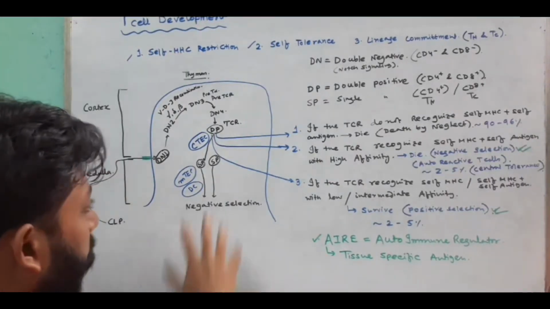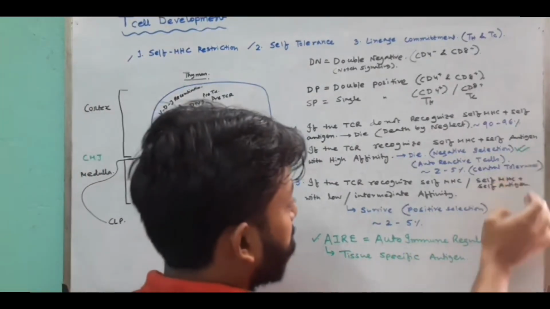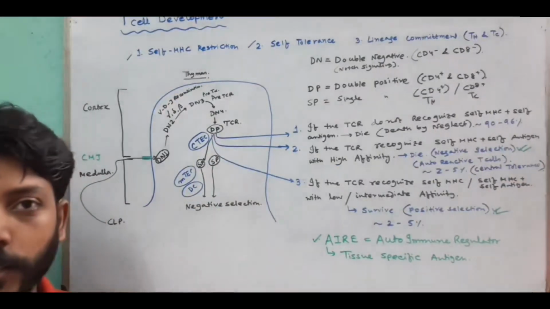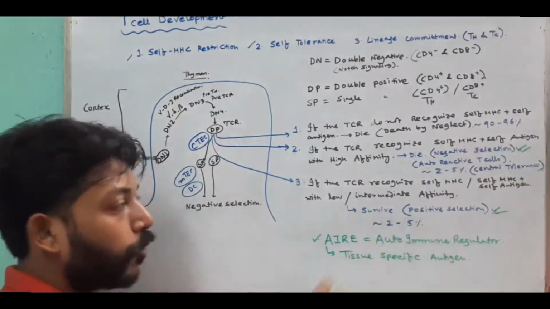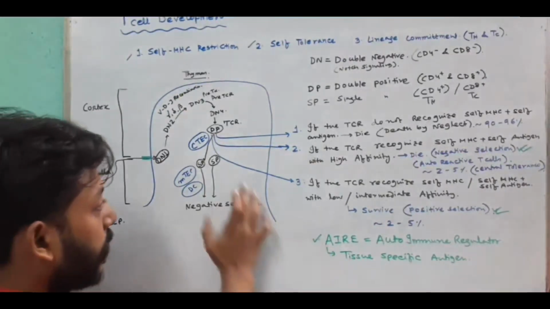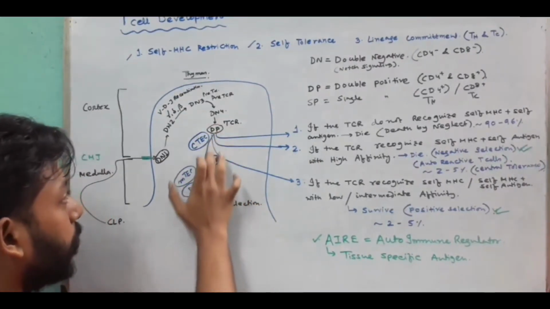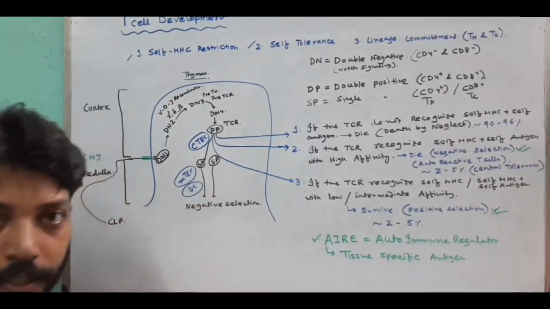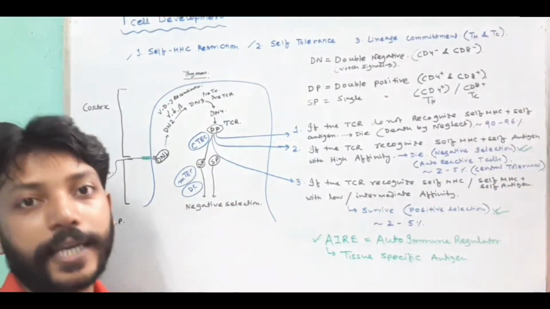In the cortex both negative selection and positive selection occur, but in the medulla no positive selection occurs, because the cells are already positively selected. Now they have to check that the single positive cells coming from the cortex are not recognizing tissue specific antigen with high affinity.